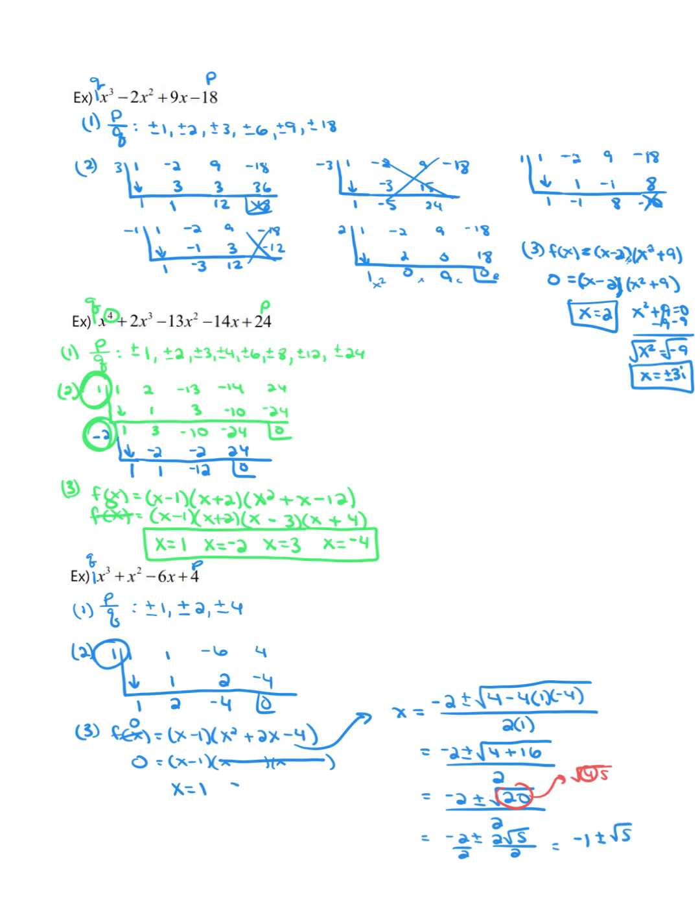So x equals 1 and x equals negative 1 plus or minus the square root of 5. And when we have a plus or minus, that gives me two solutions, because one solution is negative 1 plus the square root of 5. Negative 1 minus the square root of 5 is a second solution, and then x equals 1 is my third solution.